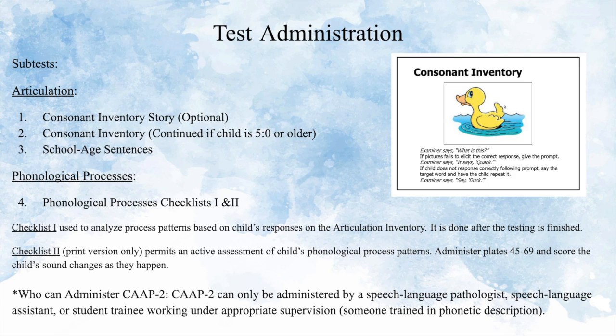And then for checklist 2, you'll actually administer the phonological processes section, where you can see the child's phonological processes pattern and identify if they have any phonological processes. Who can administer the CAAP-2 are speech-language pathologists, speech-language assistants, or student trainees working under appropriate supervision. So basically, as long as someone is trained in phonetic description or in phonetics, they are able to then administer the exam.